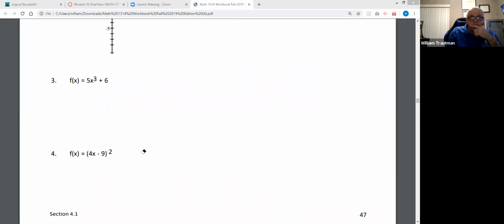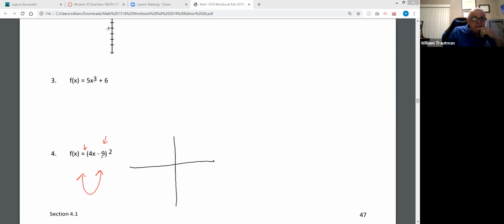Number 4, let's take a look at what number 4 looks like. It's an x squared graph. That's a parabola because there's a positive number in front. There's no negative. Negative means it's an upside down parabola.